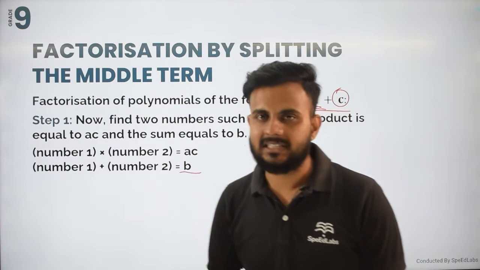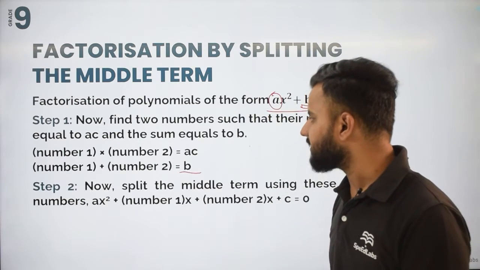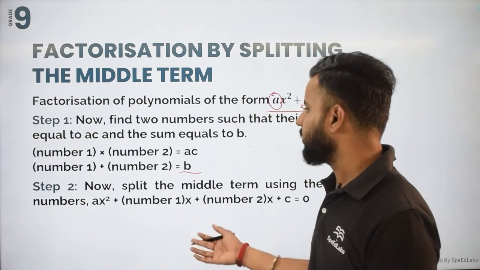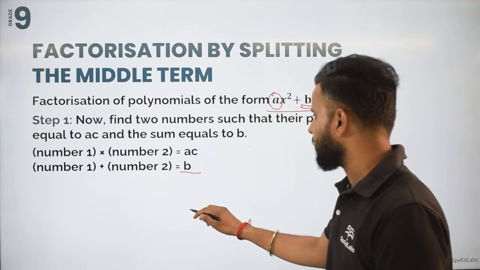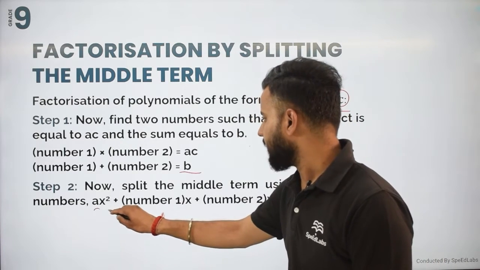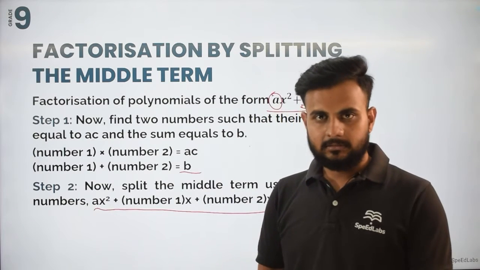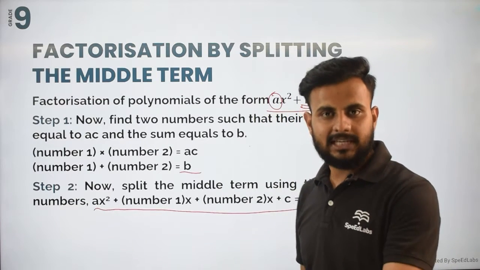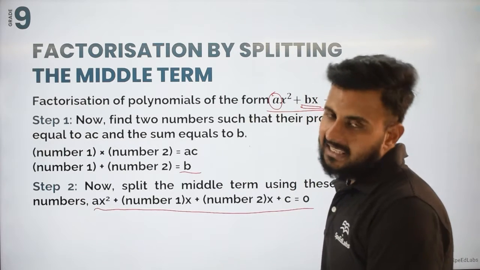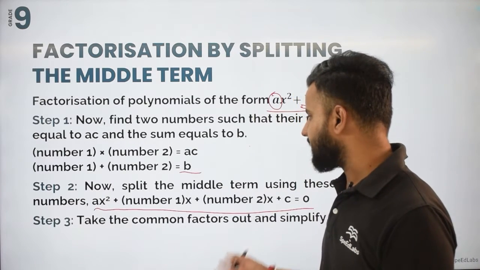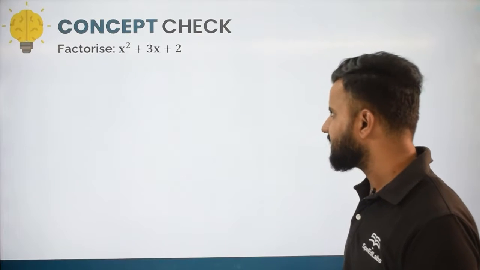So we will first find these type of numbers, and once we get the numbers, we will write the expression in that way, which is ax square plus number 1 times x plus number 2 times x plus c, and then we will take the common factors out and simplify.